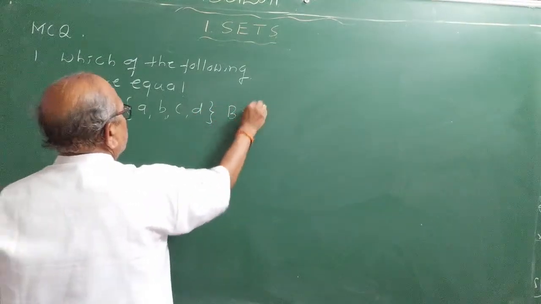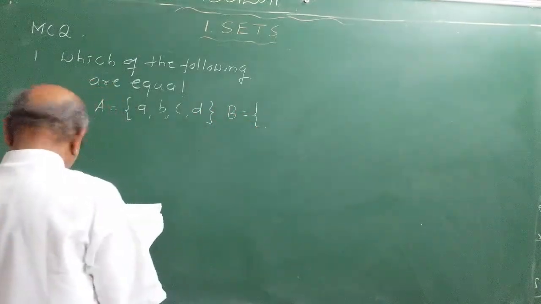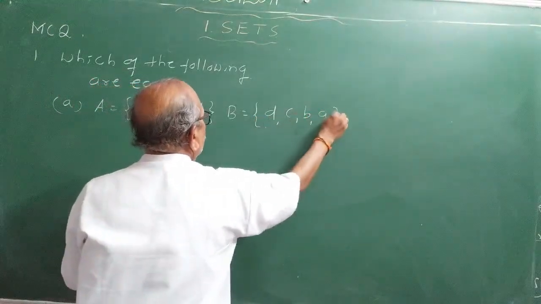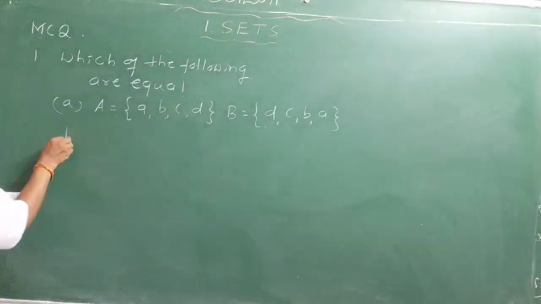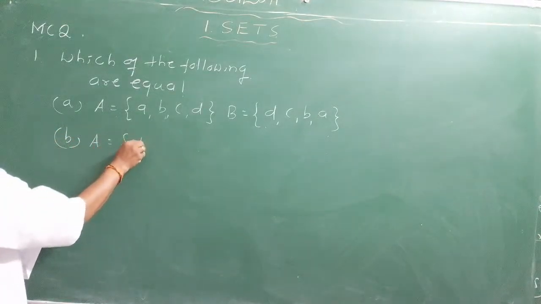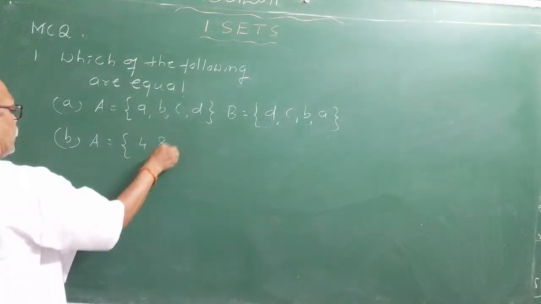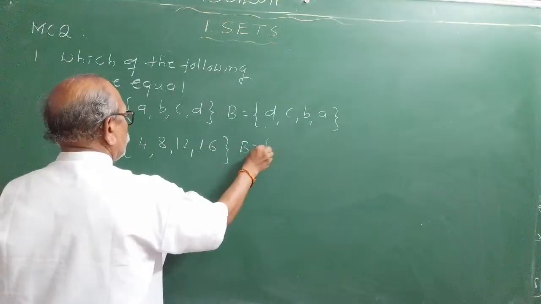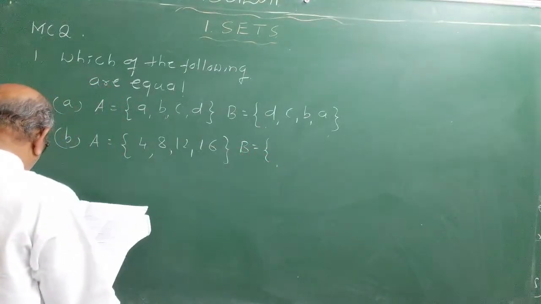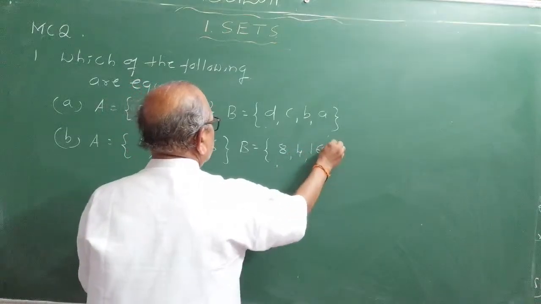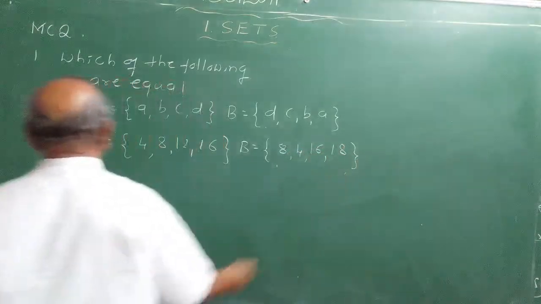The elements of the set B are d, c, b, a. Choose the correct option. Second option: A is equal to {4, 8, 12, 16}, B is equal to {8, 4, 16, 18}.